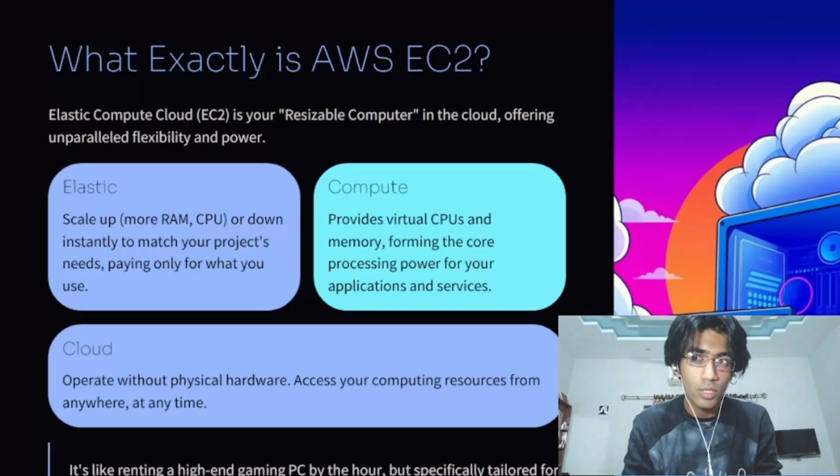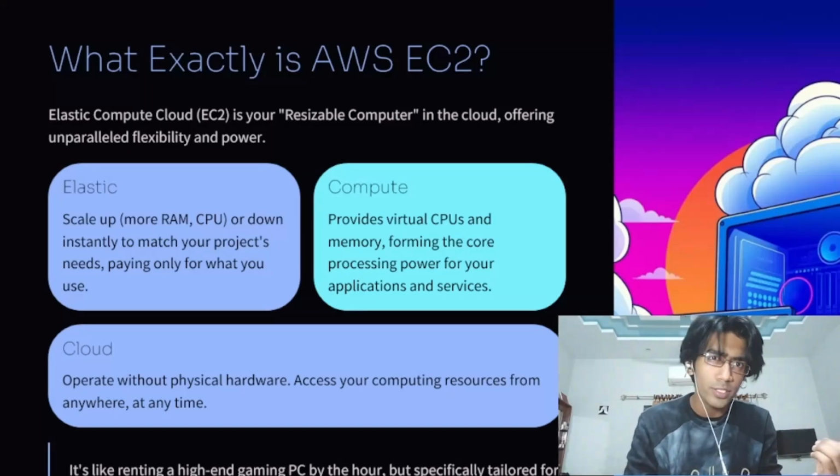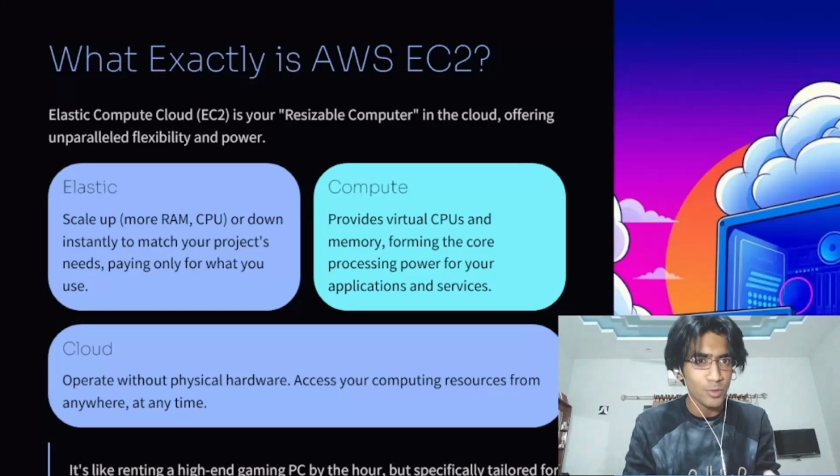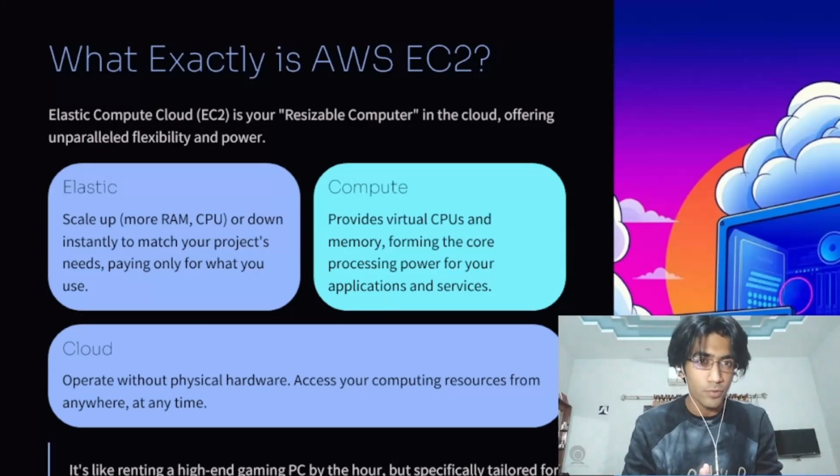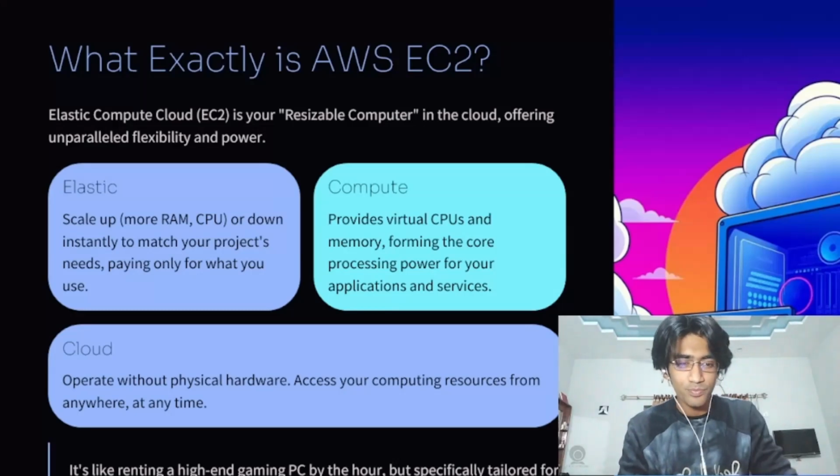You can be on a walk or something like that, and you can access Amazon servers easily, efficiently, and without any errors or hesitations in the way. This is specifically tailored for coding, development, and server hosting. You can host your websites, you can host your domains, you can do a lot of stuff.